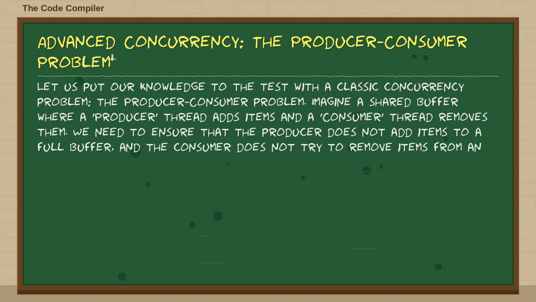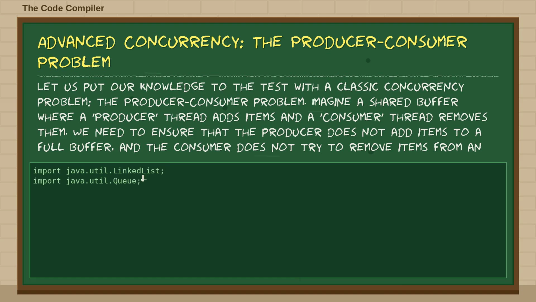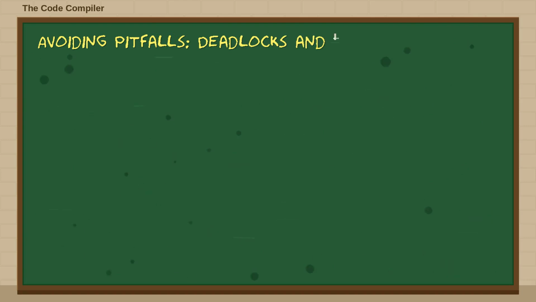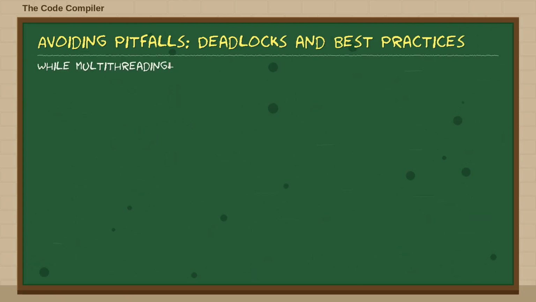Similarly, if the buffer is empty, the consumer waits. This elegant solution, always used within a synchronized block, allows threads to cooperate efficiently without busy waiting, conserving CPU cycles and preventing deadlocks.